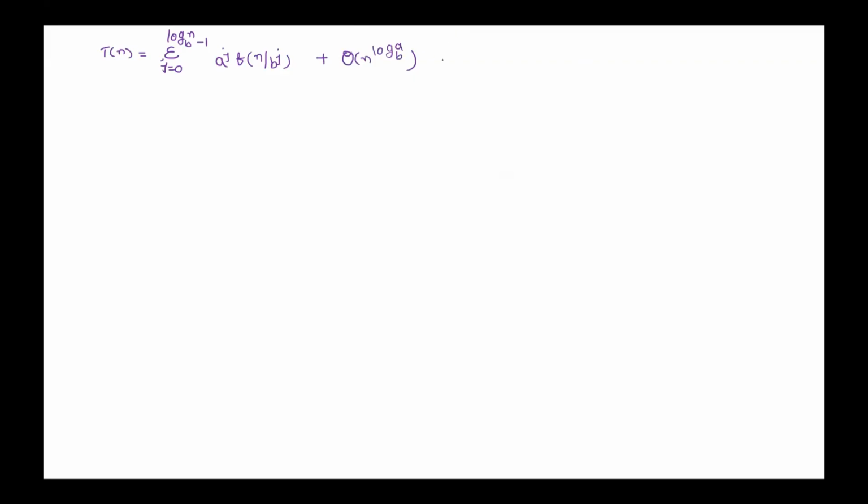Can we write it something like this? We write the j equal to 0 case separately. Then the j equal to 0 case is a power 0 f of n by b power 0, plus sigma j equal to 1 to log n base b minus 1 a power j f of n by b power j plus theta of n power log a base b.